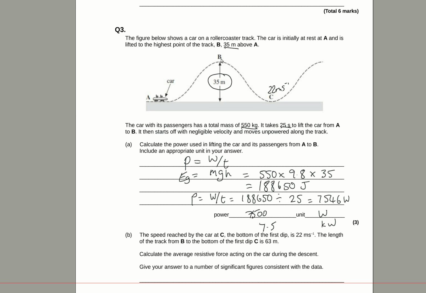We know that it's got 188,650 joules of energy here, and it loses that as it falls and gains kinetic energy. Because we're asked to work out resistive forces, if we work out the kinetic energy at this speed, it'll be less than the gravitational potential energy it had here, and the difference is the work done against friction.